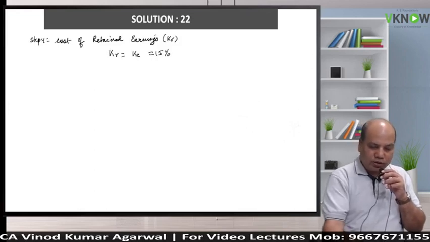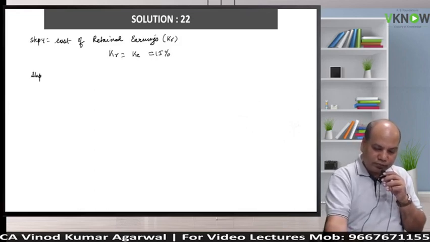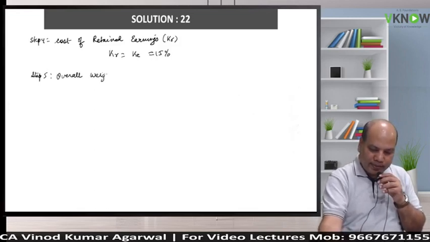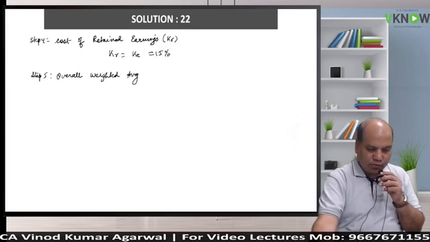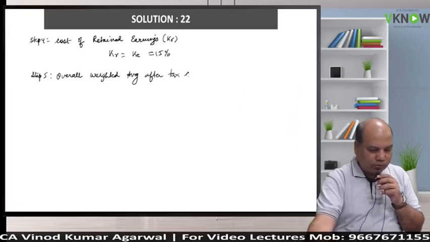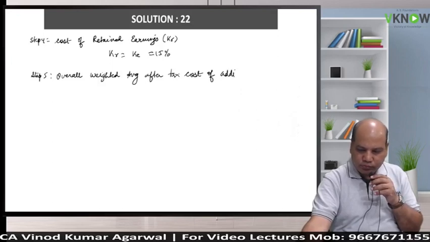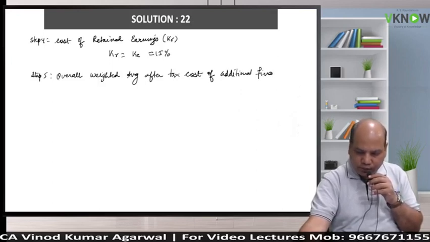And the last answer, write down step 5: overall weighted average after tax cost of additional finance.